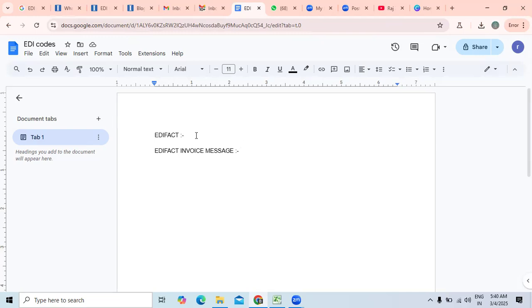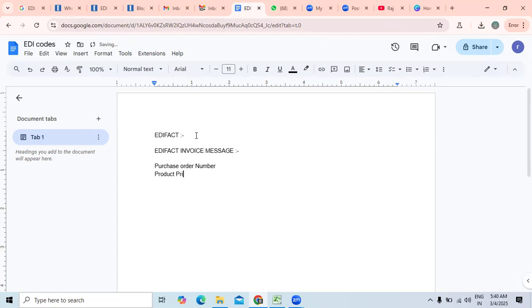In regard to the EDIFACT invoice key data itself, there are some key elements involved. The first one is the purchase order number, which we call the PO number.